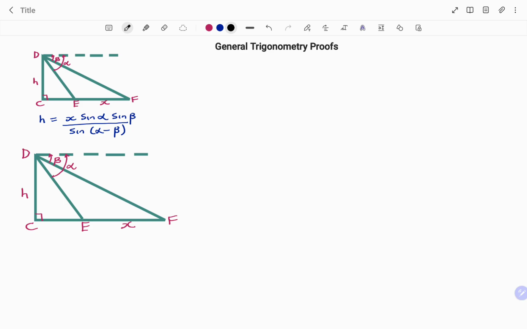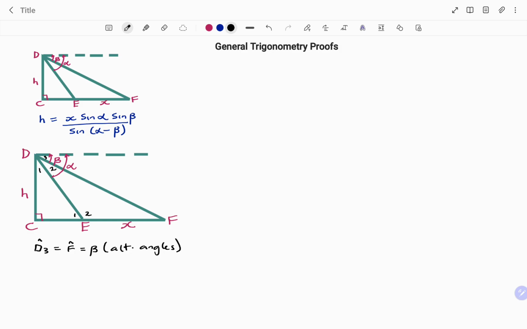I'm going to label this angle D1, this is angle D2, we have angle D3 to be beta. Also, I'm going to label angle E1 and E2 such that angle D3 is equal to angle F, which is equal to beta, and the reason being alternate angles.